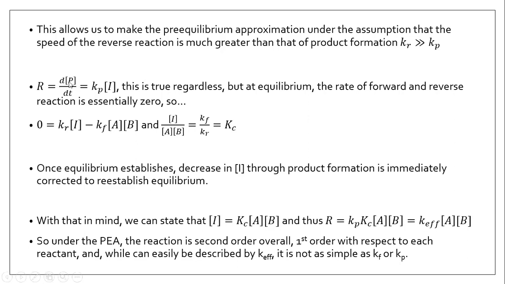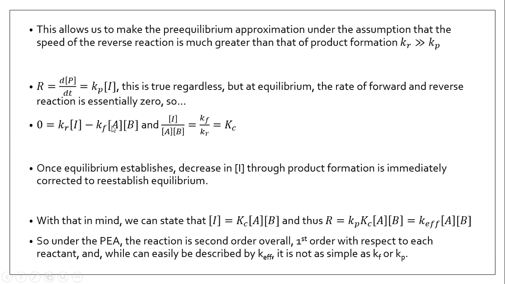Such that we can say that the rate of the product formation is equal to Kp times I. Now, this is true regardless of what approximation we're going to make. But at equilibrium, the rate of the forward and the reverse reactions are essentially zero, so that we can set 0 equals the forward reaction, Kf times A times B, minus the reverse reaction, Kr times I. So if they're at equilibrium, the change in I is essentially 0 from those first two steps.